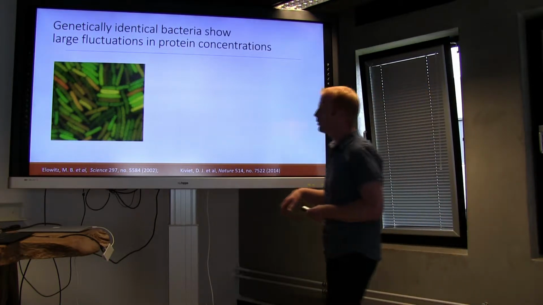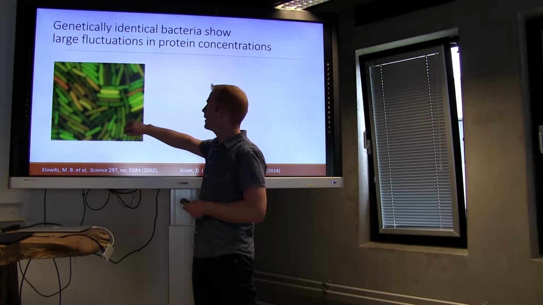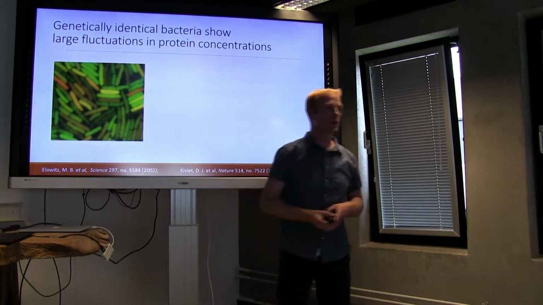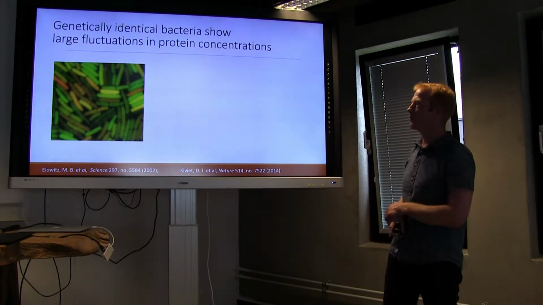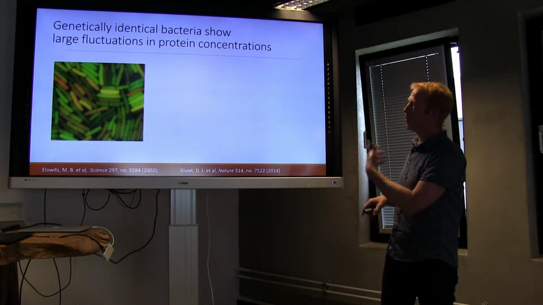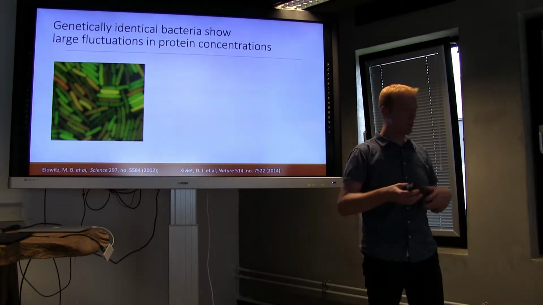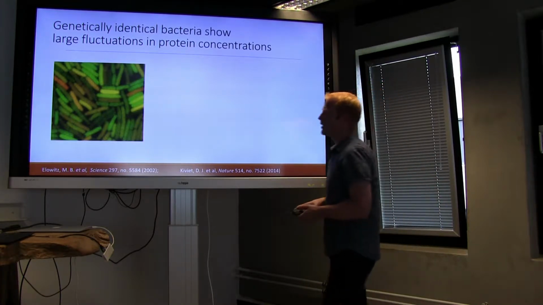So this is an example from a study from almost 20 years ago already, where these are E. coli cells, and they're genetically identical for the most part. And what they build into them is 2 different colors of fluorescent proteins. So they produce proteins of 2 different colors. These are fake colors.